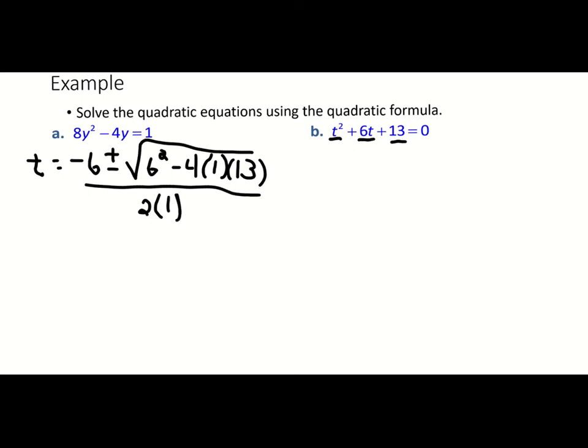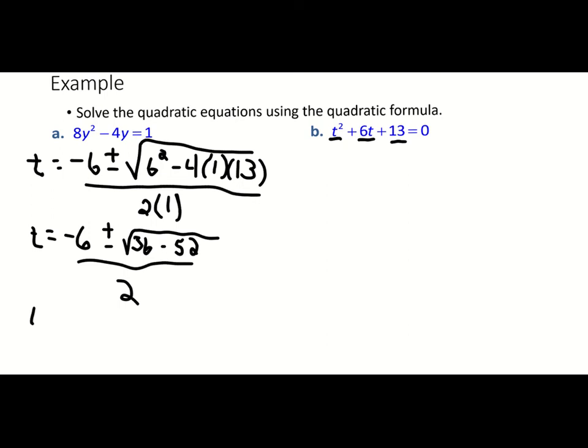So when I further simplify that, we will have negative 6 plus or minus the square root of 6 squared is 36 minus 4 times 1 is 4, and 4 times 13 is 52, all over 2.